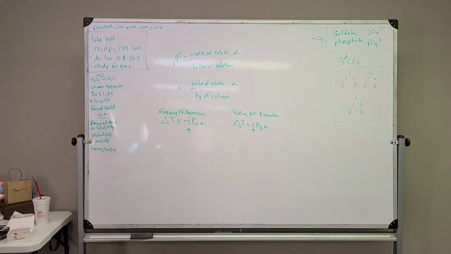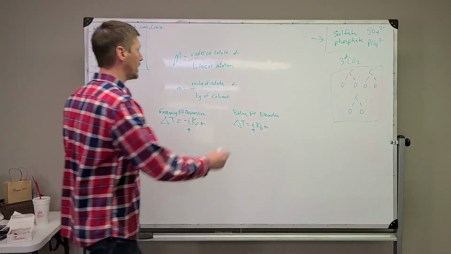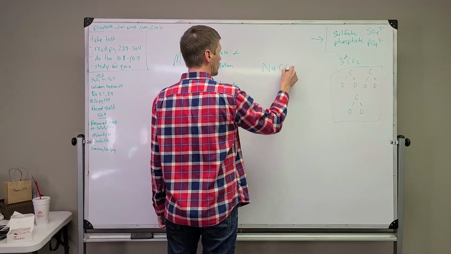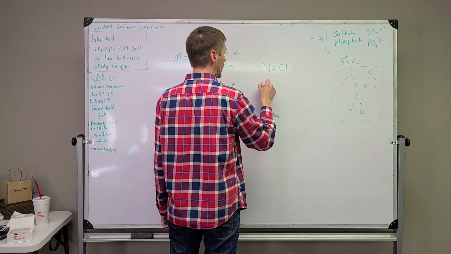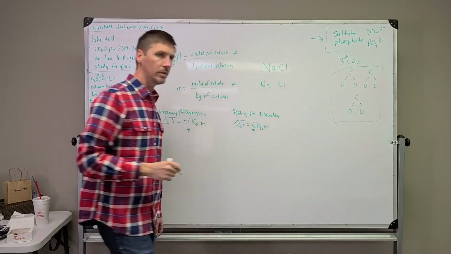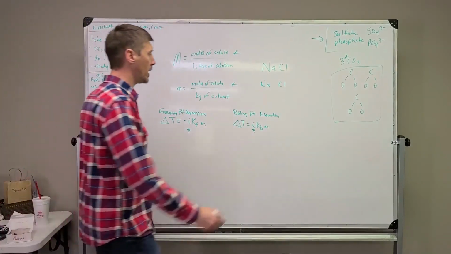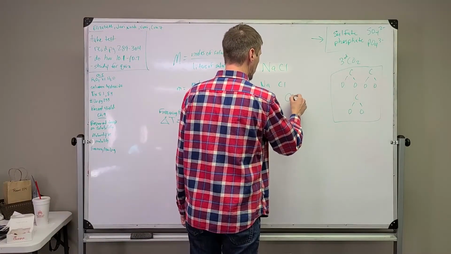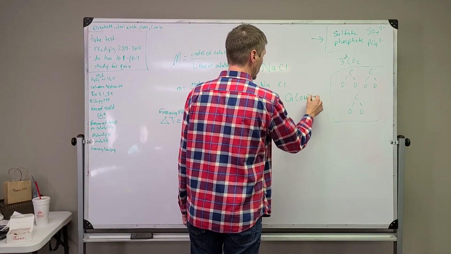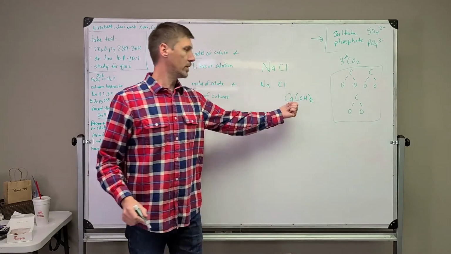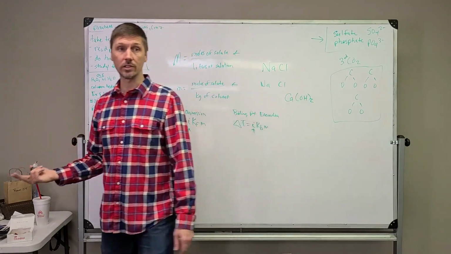If it's an ionic compound, for example NaCl, this splits into two ions, Na and Cl, so i would be 2 for that one. But if it was like the one we did earlier, Ca(OH)2, that splits into 3, because you've got the Ca ion and 2 OH ions.